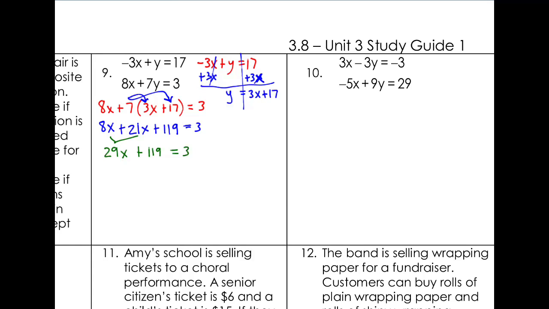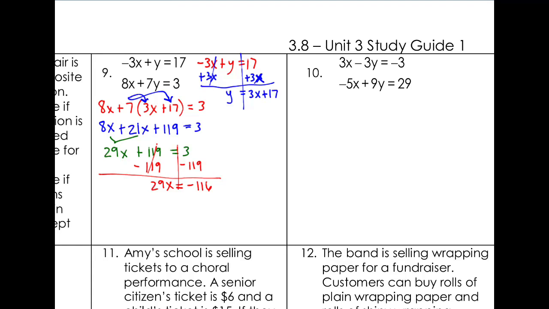Objective is to get x by itself, so we want to subtract 119 from both sides. Bring down what we have left, which is a 29x, and a 3 minus 119 would be -116.